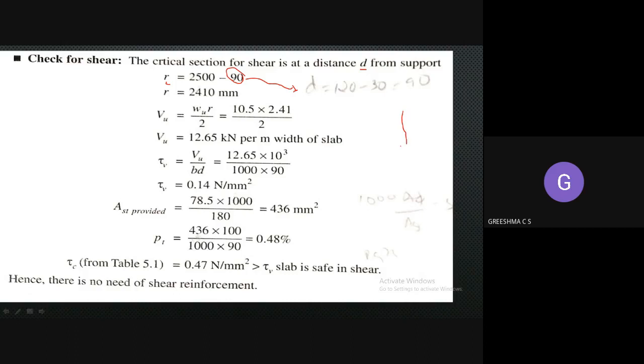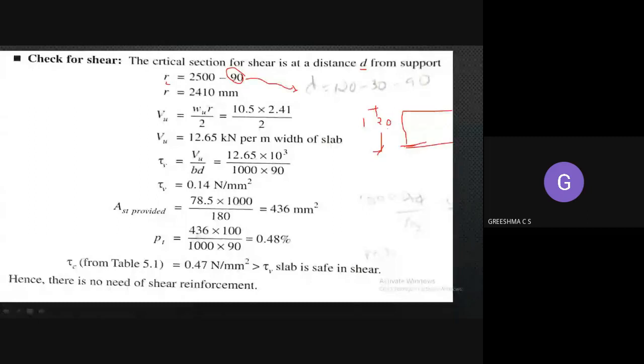See this. This is the overall depth of the slab. The overall depth of the slab we have taken as 120. So 120 is the overall depth.